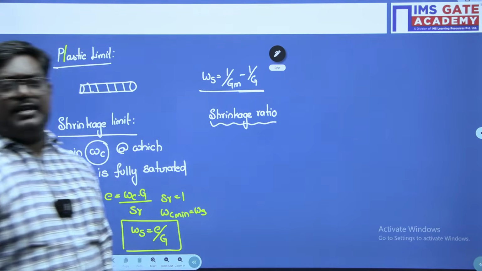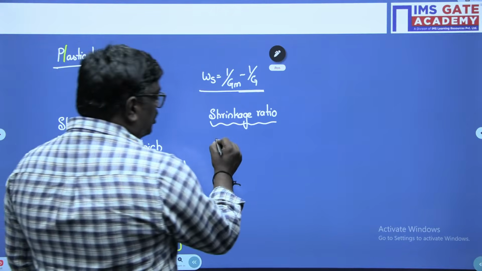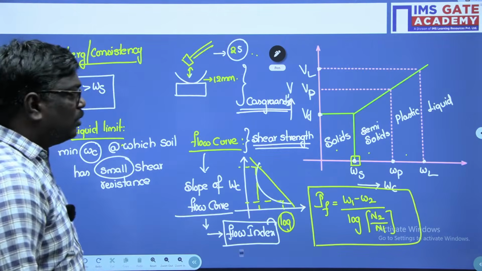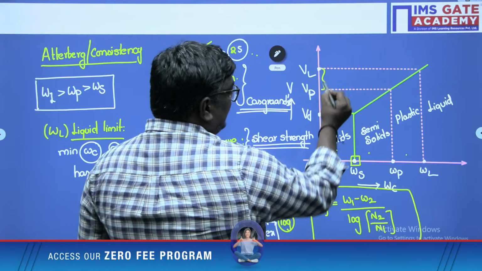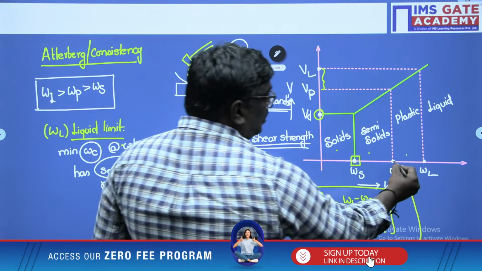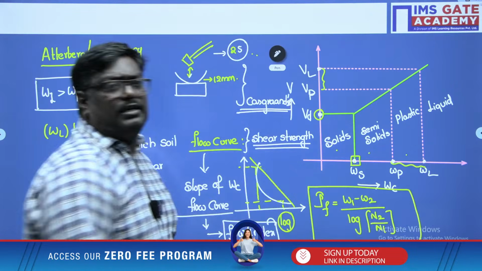What do you mean by shrinkage ratio, sir? It is the volume change expressed in terms of dry volume to the corresponding change in water content.